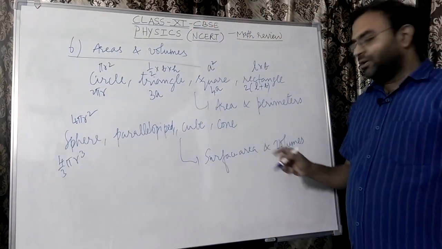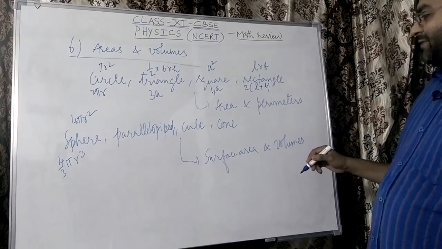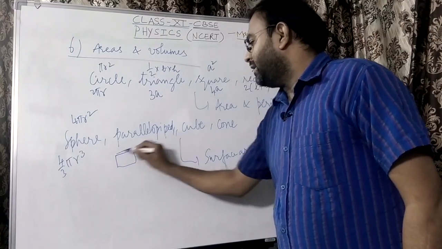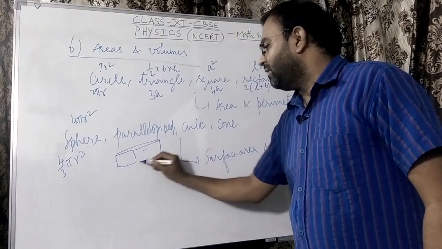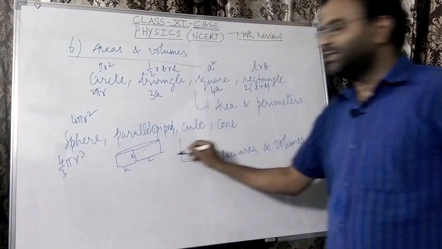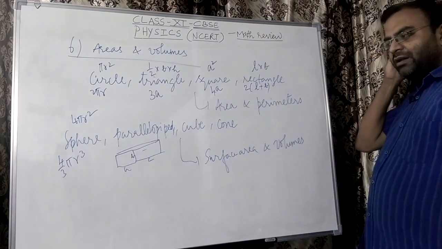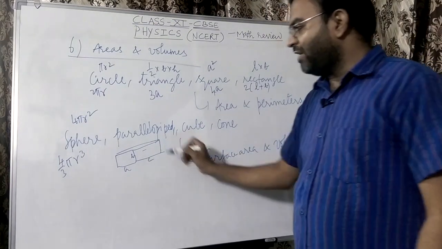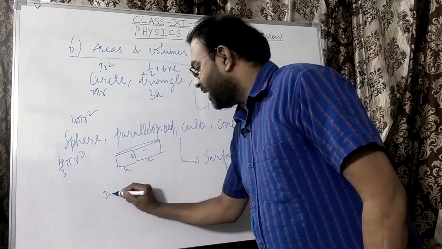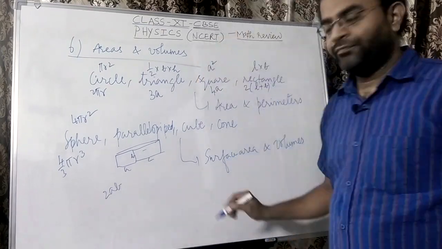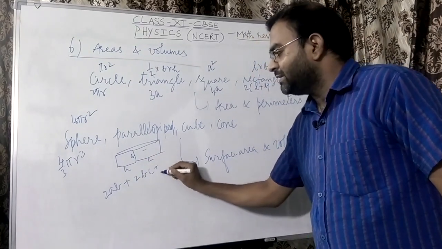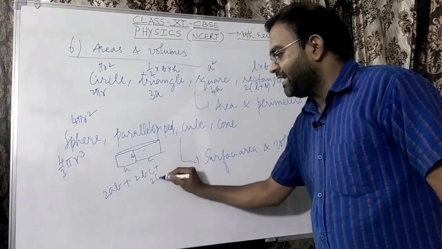For a parallelepiped, remember, it has a shape with let's say sides A, B and C. The longer side I am taking as C. So you have two sides having area, so you have 2 times AB plus 2 times BC plus 2 times CA.